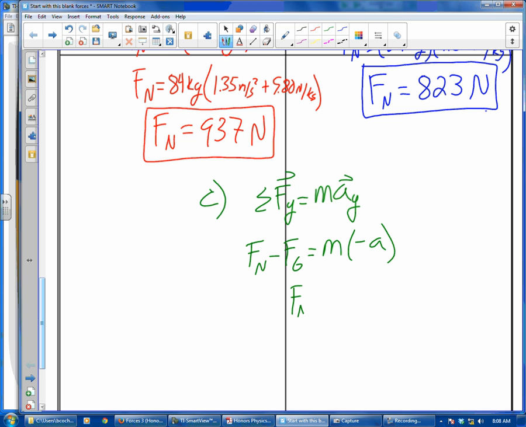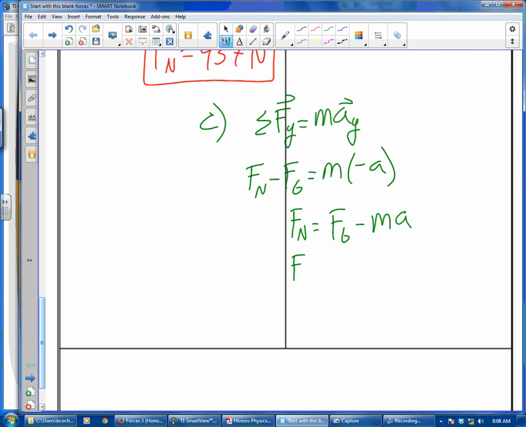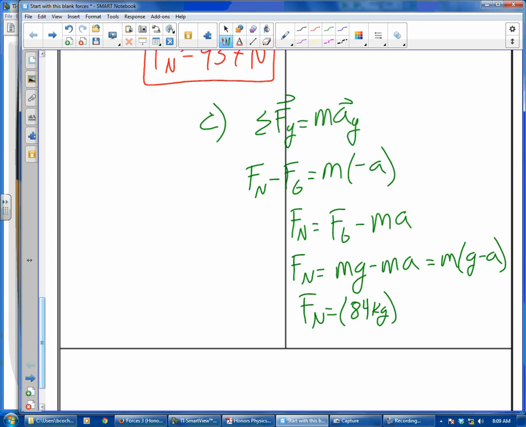So my normal force equals FG minus MA, which of course I can rewrite as M times G minus A. So I have my normal force equals 84 kilograms times 9.80 newtons per kilogram minus 0.800 meters per second squared.